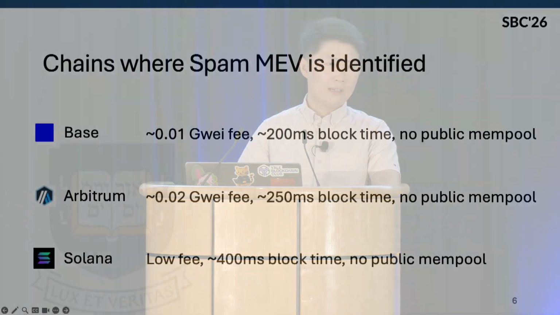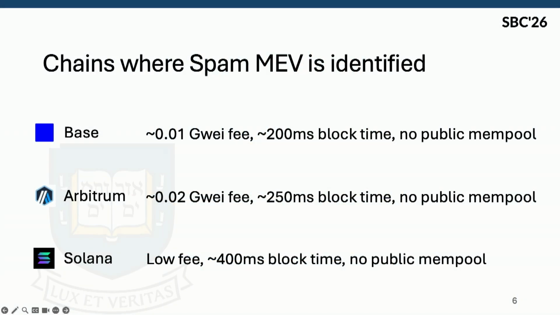With this, we have a lot of examples of blockchains that have such spam MEV behavior. To name a few, we have Base, which has a very low gas fee and a very small block time, around 200 milliseconds when Flashblocks are enabled, and it does not have any public mempool.